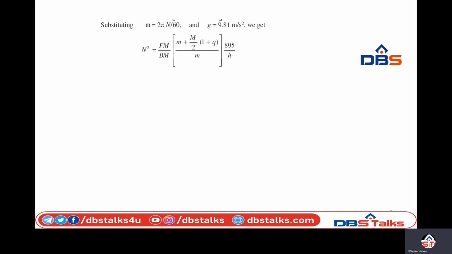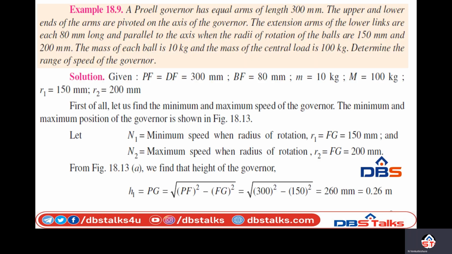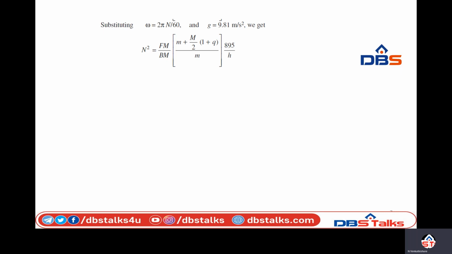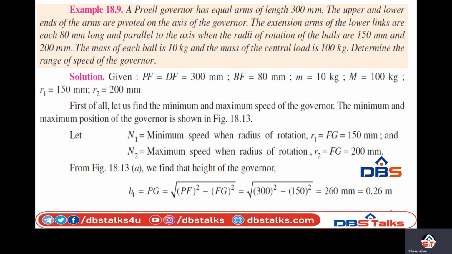So with that, we can take up the relation between N and h for the Proell governor, and for the Watt governor. So with that, today's class was completed. In the next class, we will solve problems on the Proell governor. Okay, thank you.